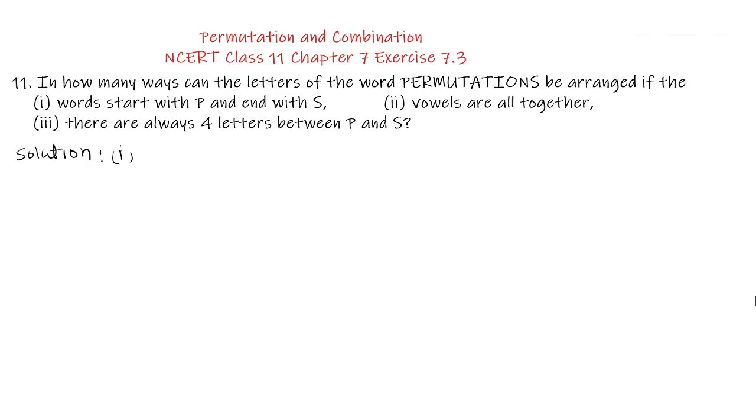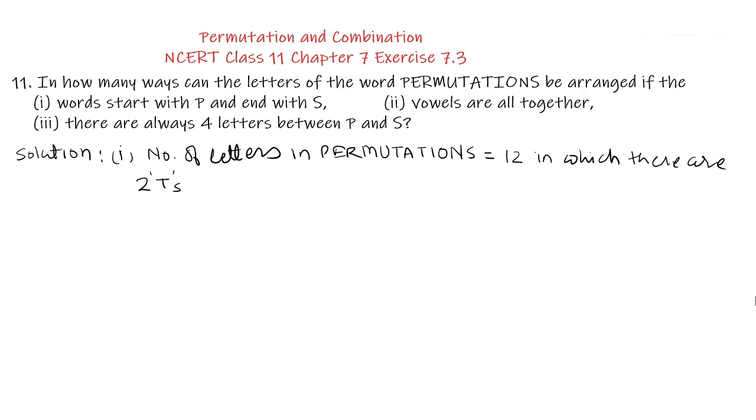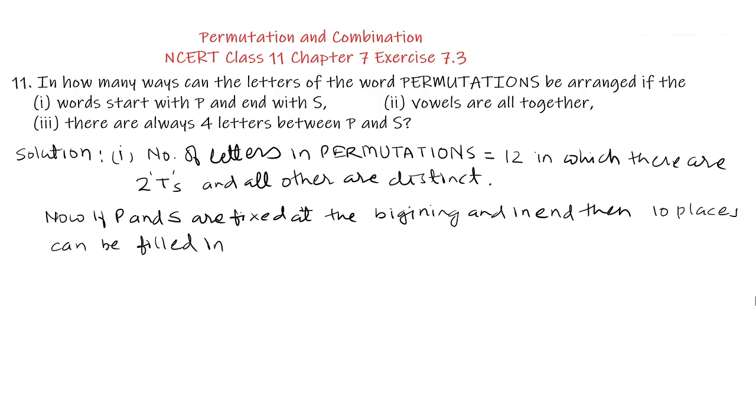Solution of part 1. Number of letters in PERMUTATIONS equal to 12, in which there are 2 T's and all others are different. Now if P and S are fixed at the beginning and at the end, then 10 places can be filled in 10 factorial upon 2 factorial ways.